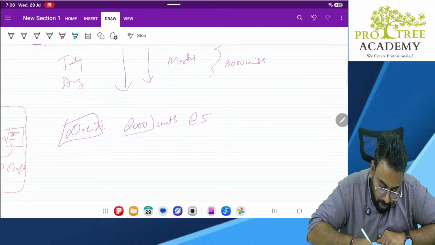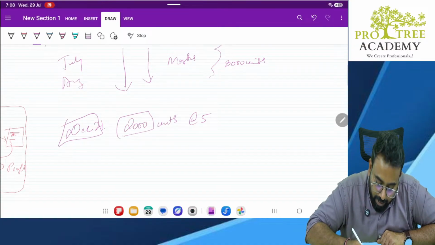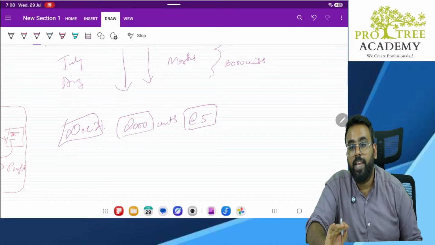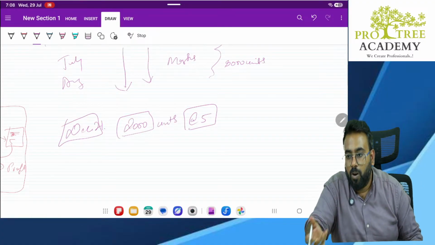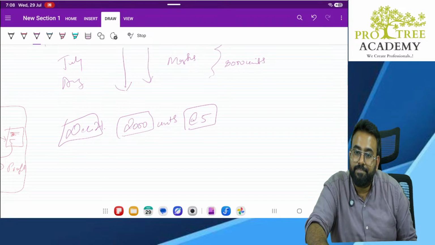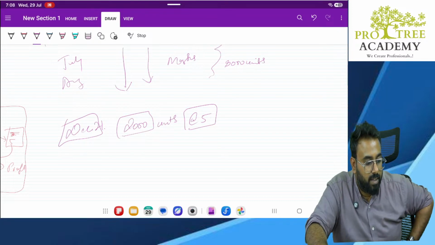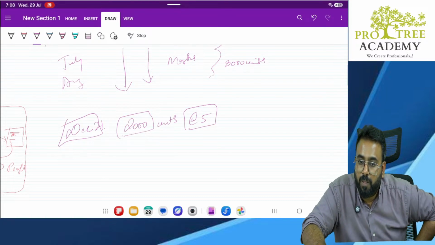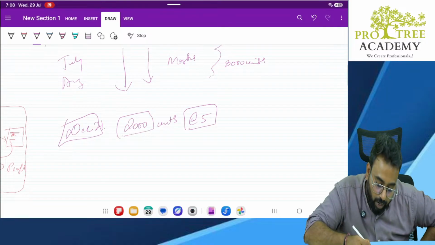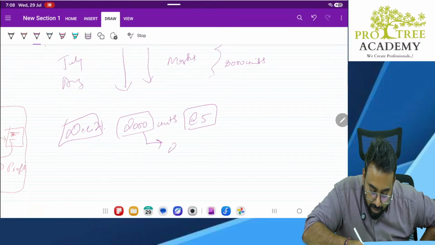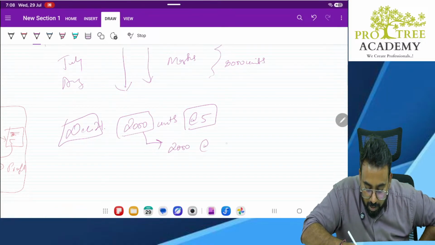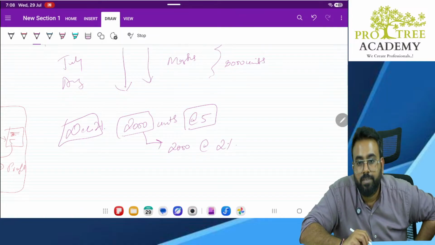Now, these 2,000 units of mask which were left with my client, purchased at 5 rupees each, he was unable to sell anything. Why? People are not buying it. Correct? So what he did is, he tried to sell these 2,000 masks at a discount price of 2 rupees.